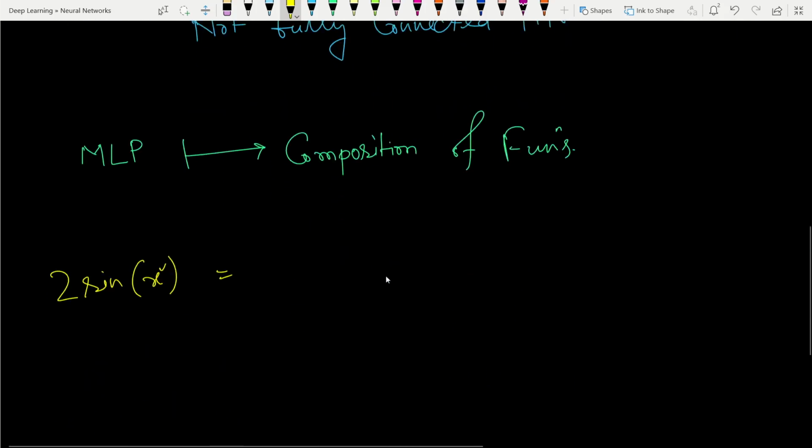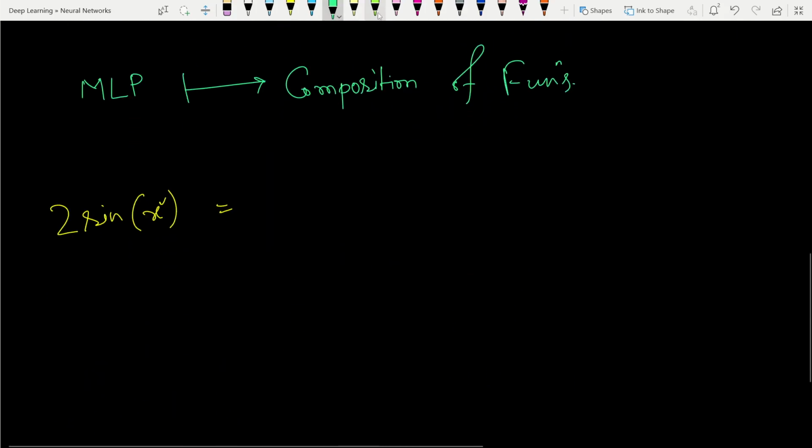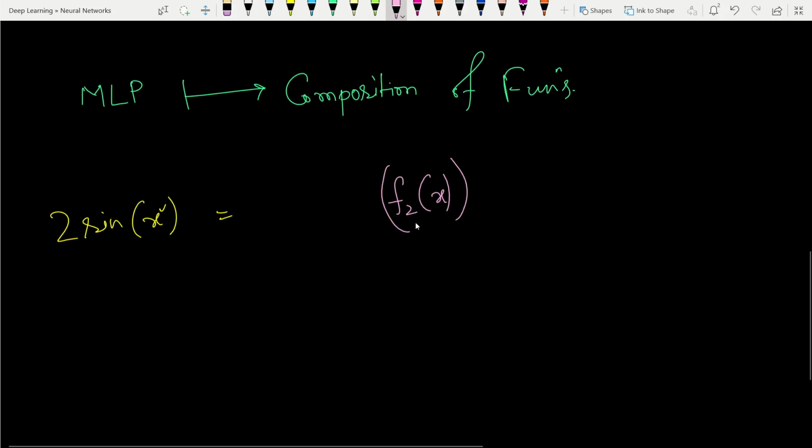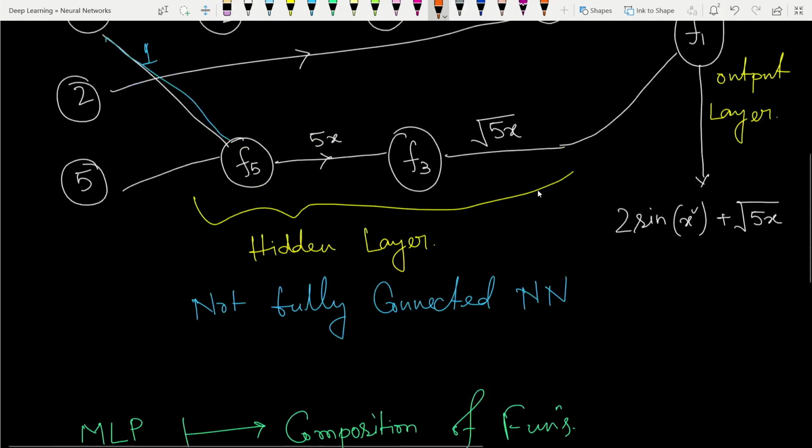If we make f2 of x, then it produces the x square. Now we have taken f2 of x as the input, and we want to produce the sine x square. So f2 of x, at the end of the day, is x square. Now we have to use the sine function.